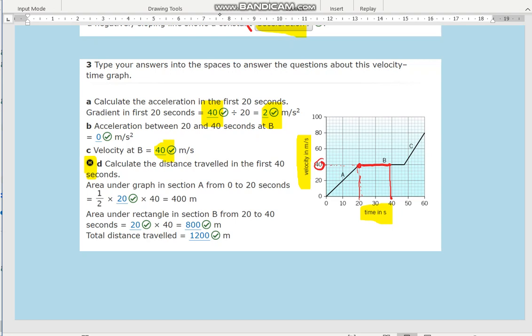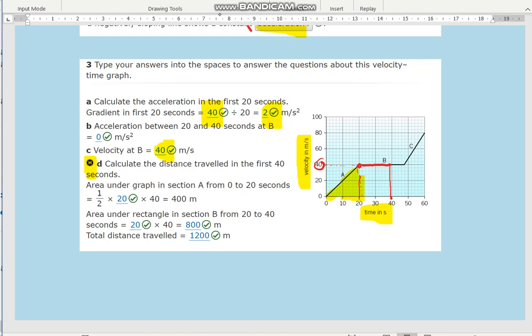So this is going back to using the area under the graph to work out the distance travelled. So the area under the graph in section A from 0 to 20 seconds. This is a triangle, so it's this area here, which we get from half times the base times the height. So half times the base, which is 20, times 40, which is the height, gives you 400 meters.